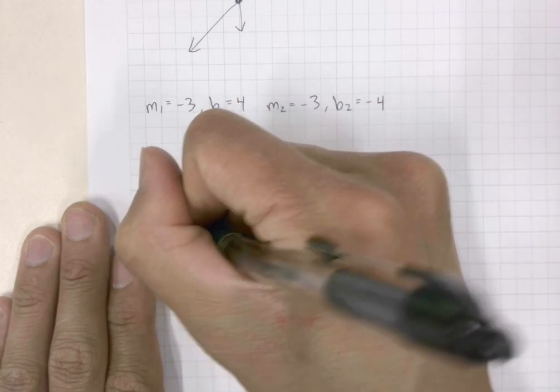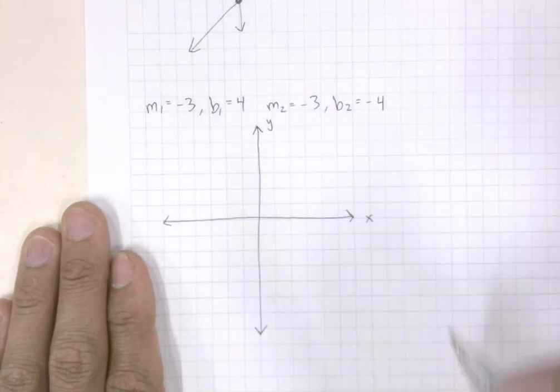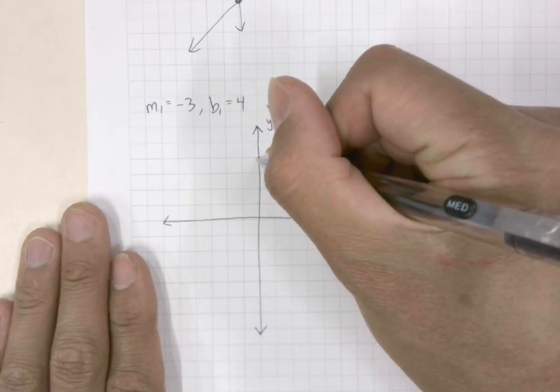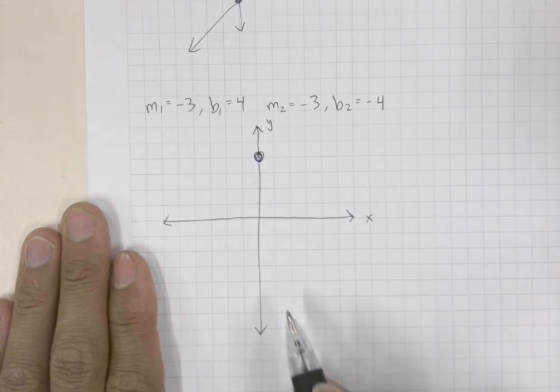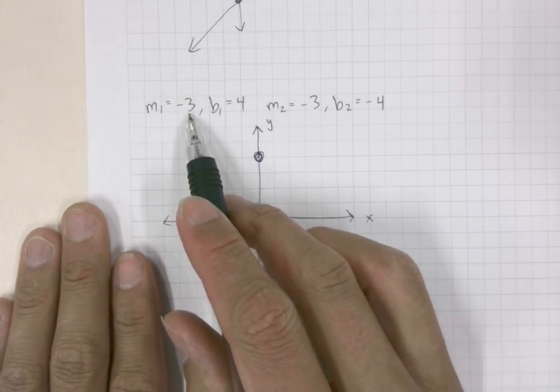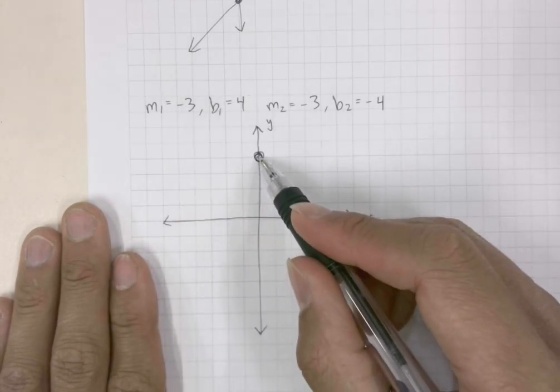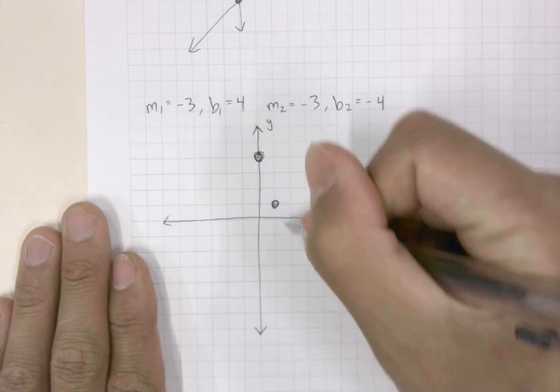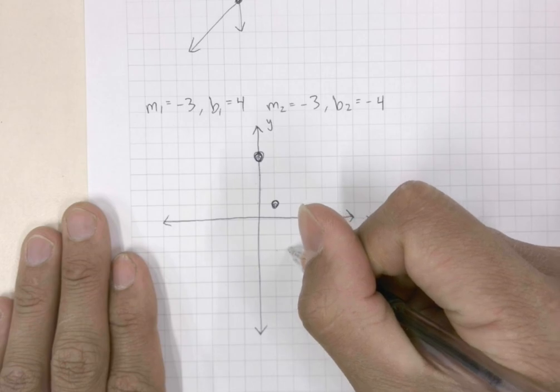So I got my coordinate plane here, I got x and y. So I'll start with this one here, positive 4. 1, 2, 3, 4. It's going to be my first point. And my slope is negative 3 over 1. So I'm going down 3, and I'm running 1. Then I'm going down 3 and running 1.